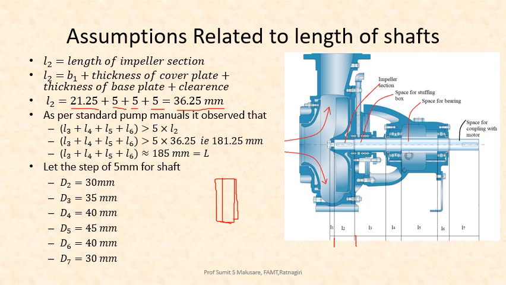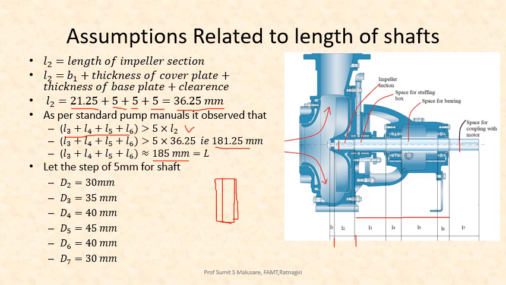So as per the KPD manuals, I have assumed that L3 plus L4 plus L5 plus L6 should be greater than 5 times L2. So 5 times L2 comes out to be 181.85, but still I have considered a somewhat higher value, that is 185 mm.